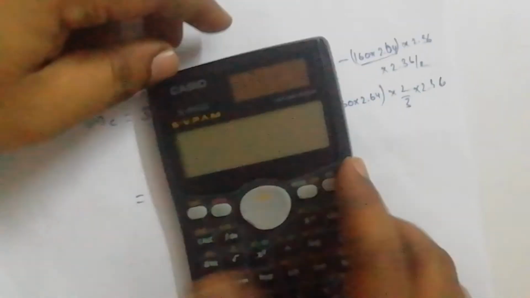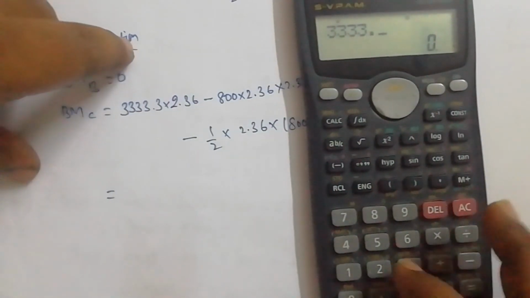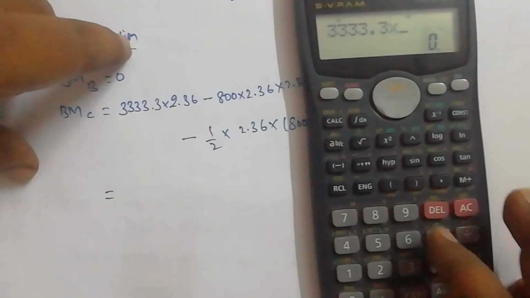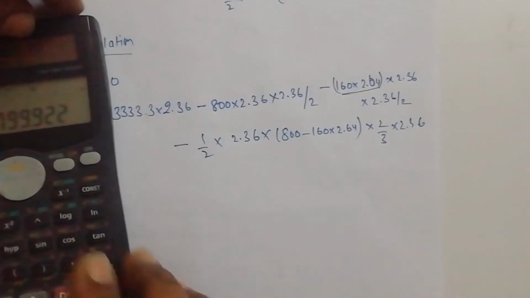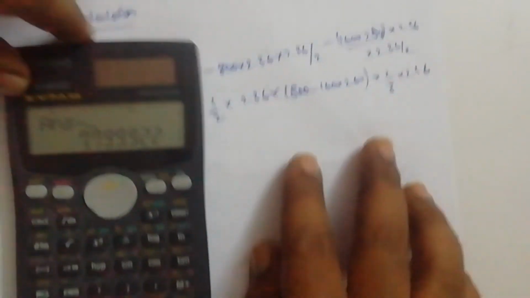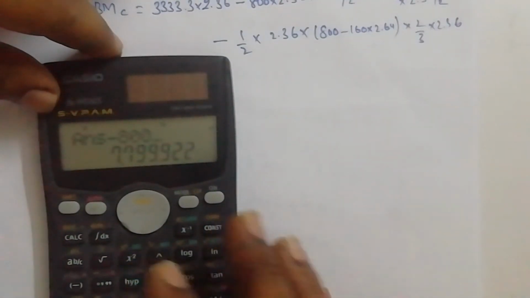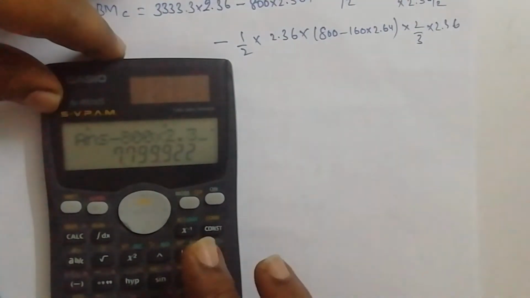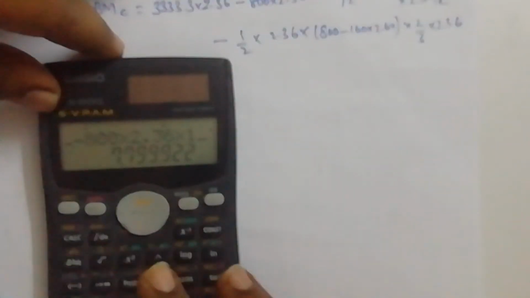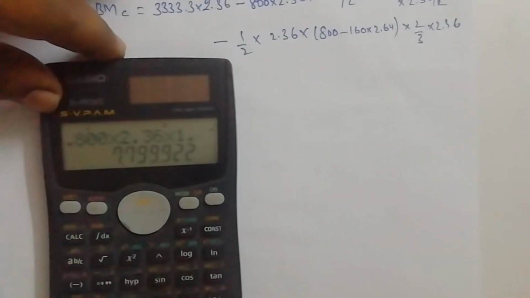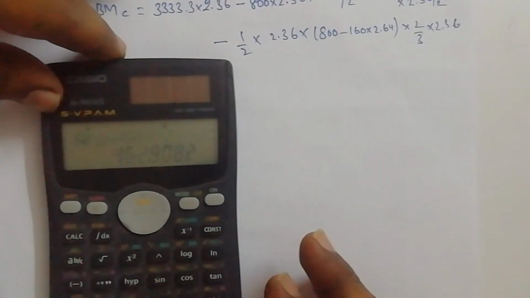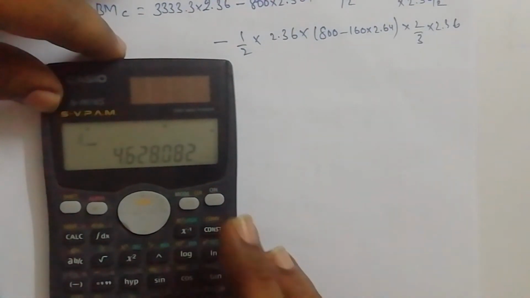Let us try to do it in a calculator. So 3333.3 into 2.36, minus 800 into 2.36 into 1.68, minus, answer minus 1.